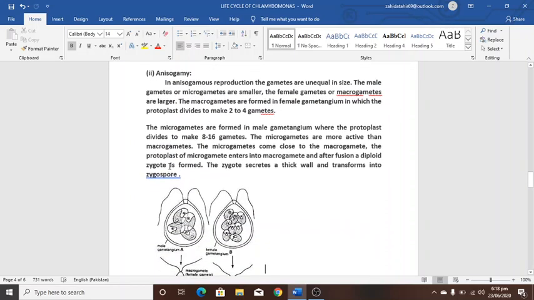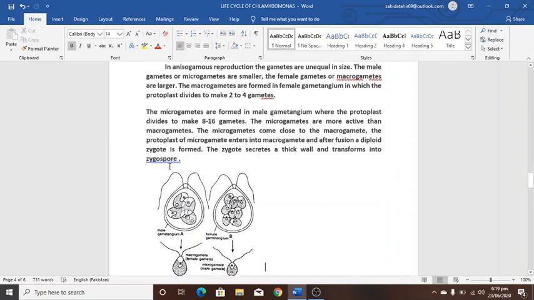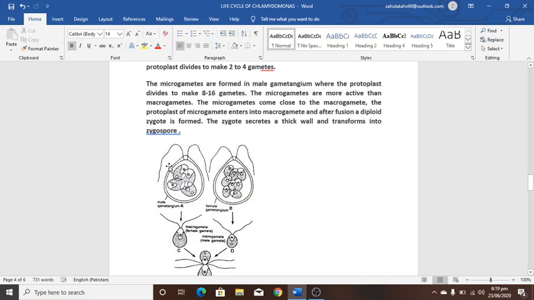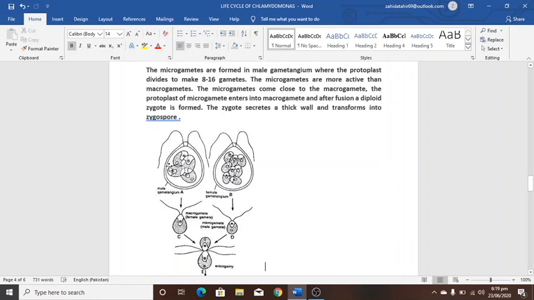The microgametes are more active than the macrogametes. Microgametes come close to the macrogamete. The protoplasm of the microgamete enters into the macrogamete, and after fusion a diploid zygote is formed. The zygote secretes a thick wall and transforms into the zygospore.